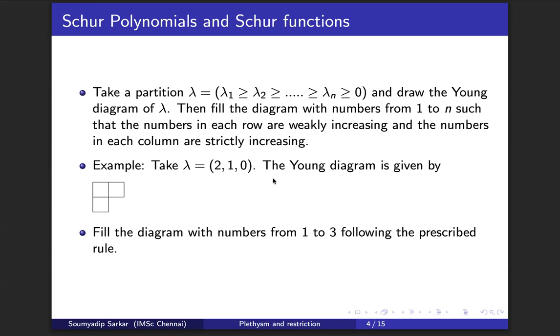Now there is something called a semi-standard Young tableau. I will fill this Young diagram by numbers from 1 to 3. In general, if you have lambda1 to lambdan, you fill them by numbers from 1 to n. Here lambda1 is 2, lambda2 is 1, and lambda3 is 0.